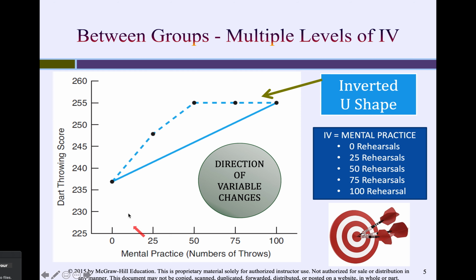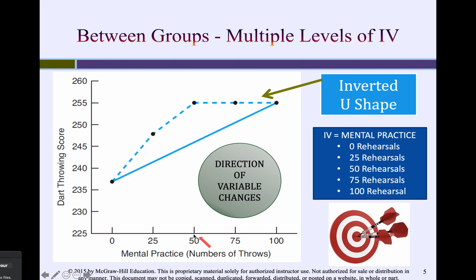So let's take a look at the outcomes of this particular study. For people who were told not to do anything and were not trained on doing any rehearsals, well, they got a score of about 236 on their dart throwing score. That's their dependent variable. But as you can see here, if you were in the group that mentally rehearsed 25 times, your score increased to about 247 or so.